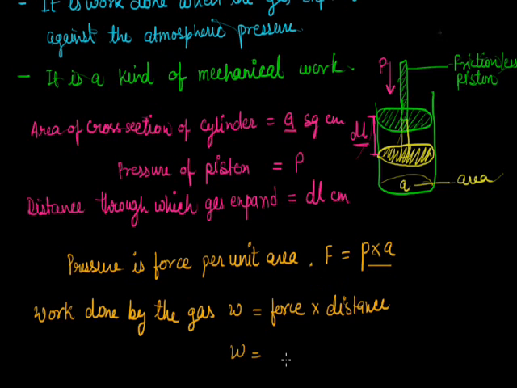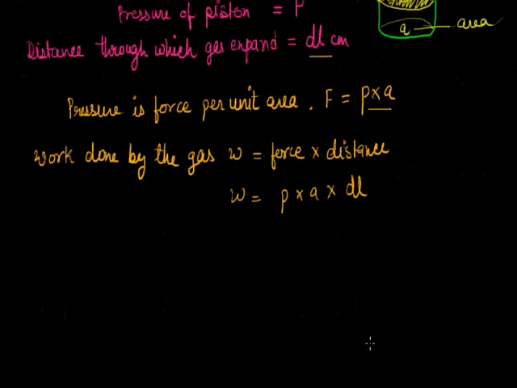We can put the value of force from here, that is P into A, into the distance, which is dl. As we know, dl into A, the distance in a particular area, is known as the change in volume. So dl into A will be dV, meaning the change in the volume.